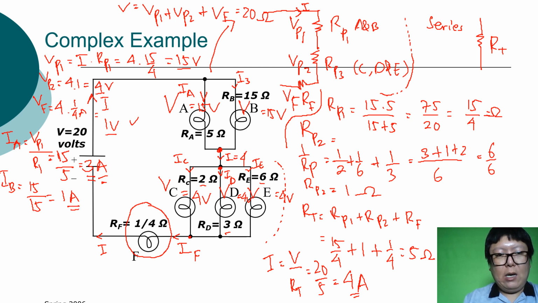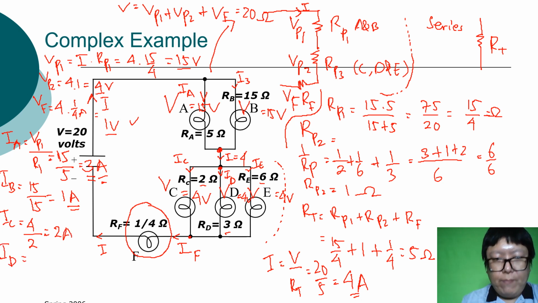Then correct. Okay, IC is equal to, so if IC you have to use the voltage at C or VP2, right? So VP2 is 4, right? So 4 divided by the 2 ohm, 2 amps.